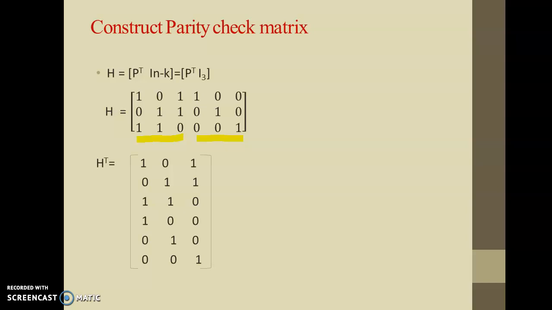We have already retrieved the parity matrix from the generator matrix. We have taken its transpose and after that written the identity matrix of order 3. And this is your parity check matrix, and we have to consider its transpose, so rows become columns and columns become rows.